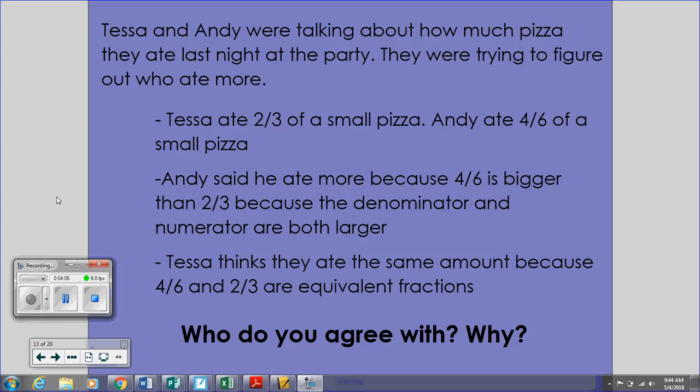This is a really long word problem that we're going to read through together, and we're going to figure out who we agree with and why. So it reads, Tessa and Andy were talking about how much pizza they ate last night at the party. They were trying to figure out who ate more. Tessa ate 2/3 of a small pizza, and Andy ate 4/6 of a small pizza.